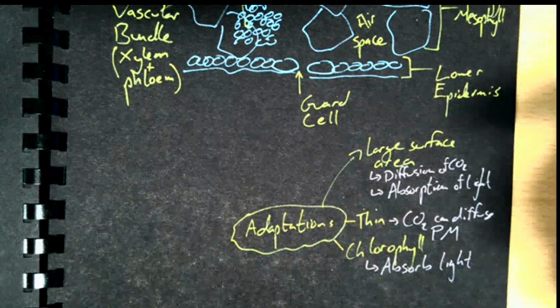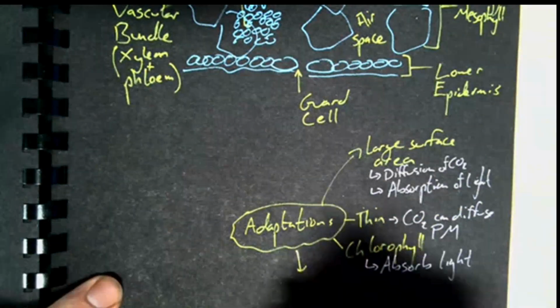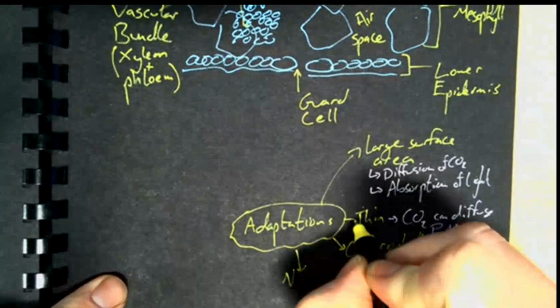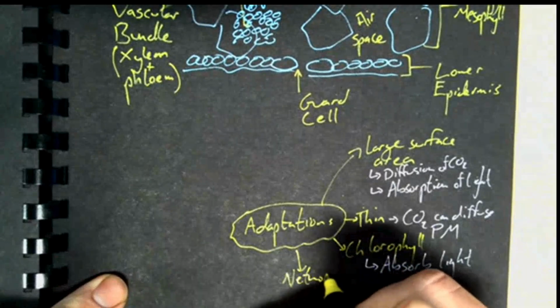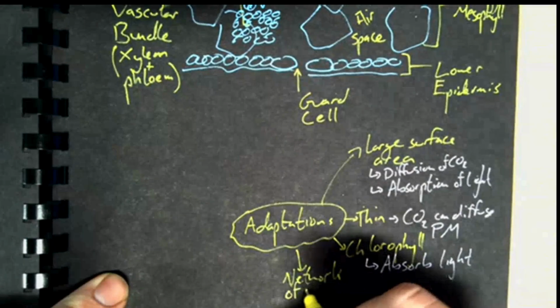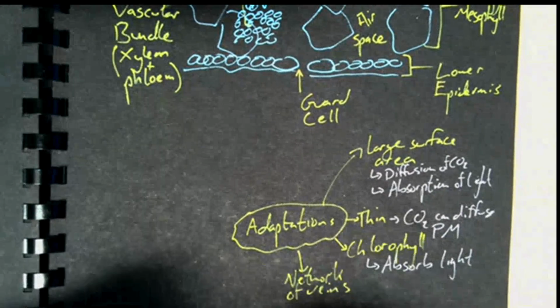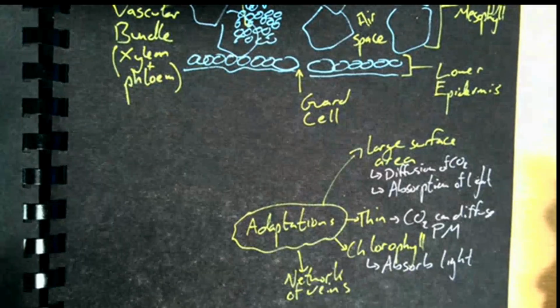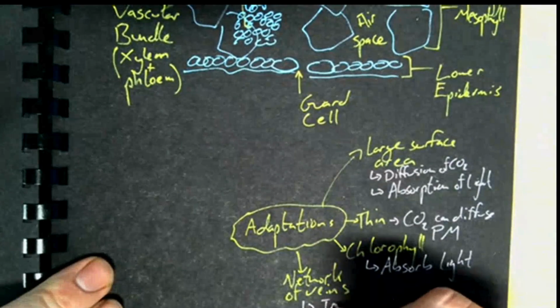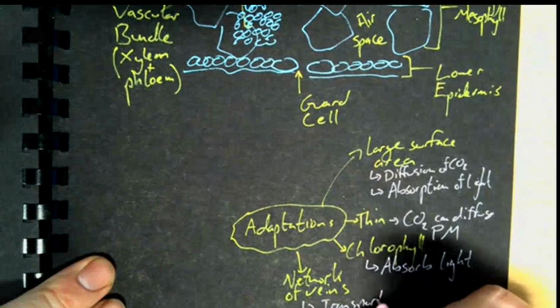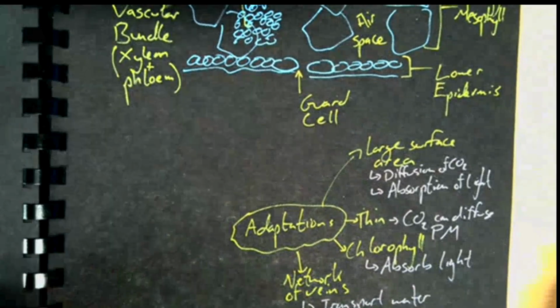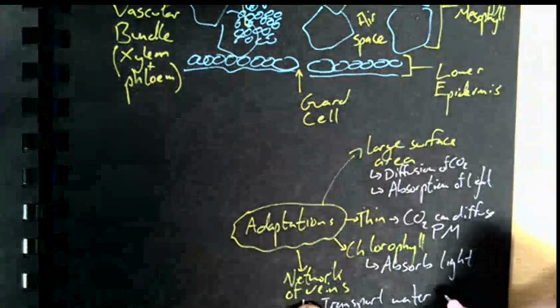We've also got a network of veins running through. And they're able to transport water. Also able to transport carbohydrates.